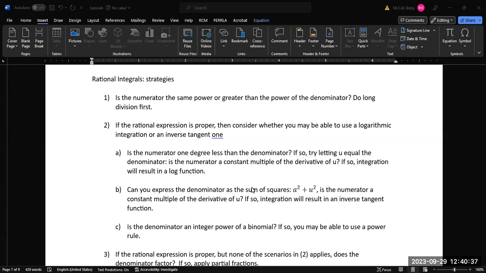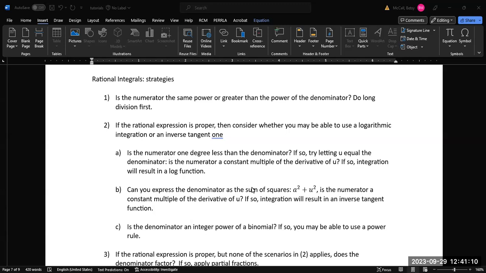Now, among the different strategies that we have for working with rational integrals are algebraic techniques. So things like doing long division, factoring, things like that. Completing the square can come up. We may have partial fractions that we want to apply, which is explained in another one of my videos. We may have to do log integration, so making a substitution for the denominator.